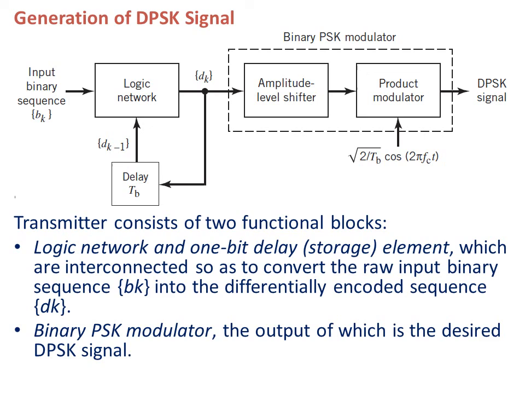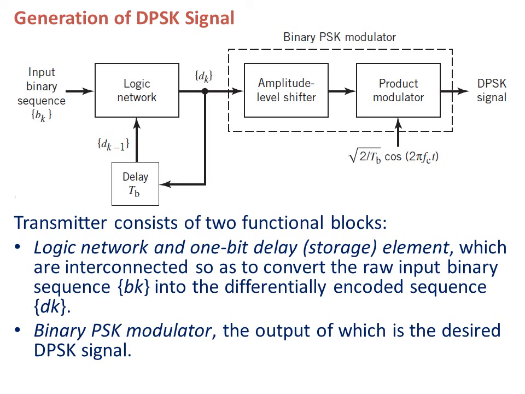The next two blocks, the amplitude level shifter and the product modulator, together are called the binary PSK modulator. The differentially encoded sequence DK is fed into the amplitude level shifter, which acts like a polar non-return to zero line code representation.